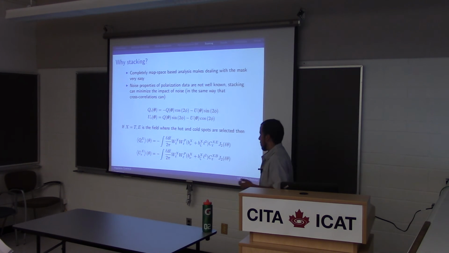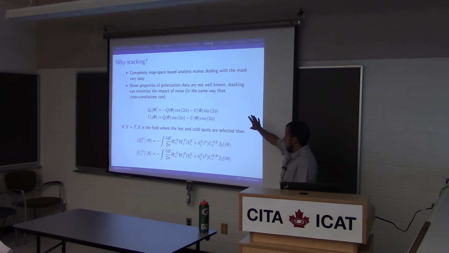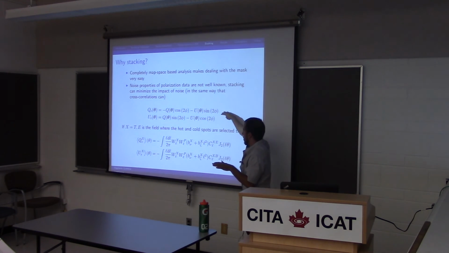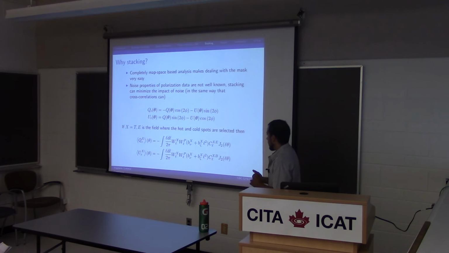So essentially, I'm going to locate all the temperature hotspots, or all the E mode hotspots. I'm going to take the Q and U in those locations, perform this rotation, and then stack all the Q and U on top of each other.